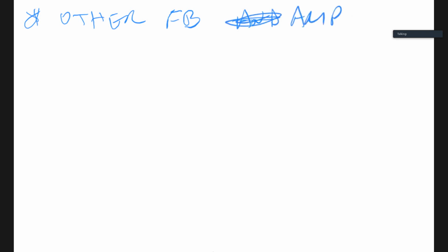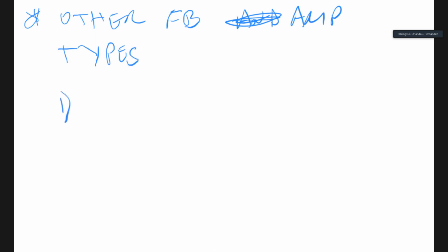So I said that this was coming. The other types of feedback amplifier. So what are the other types of feedback amplifier?